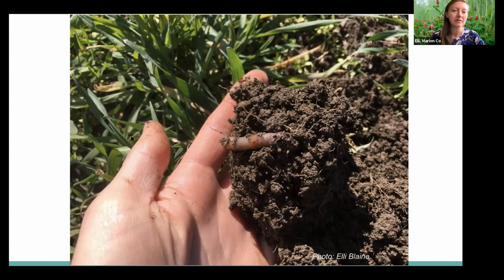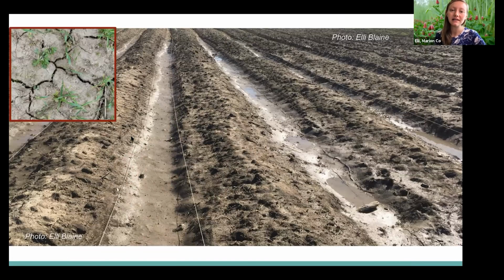And I won't spend much time on this, but what you saw in Stephanie's assessment is what can happen when we overly disturb soil. And this is from a farm that was transitioning to permanent beds. So you can see on here, these hills will become permanent beds, and the soil was tilled heavily prior to making those beds. And you can imagine that in these dips, those will be the walkways.